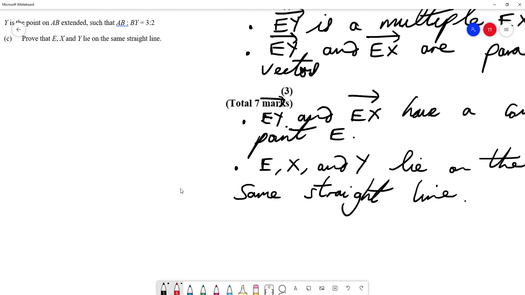Remember, the mathematical word for that is that they are collinear. Okay, that's it.